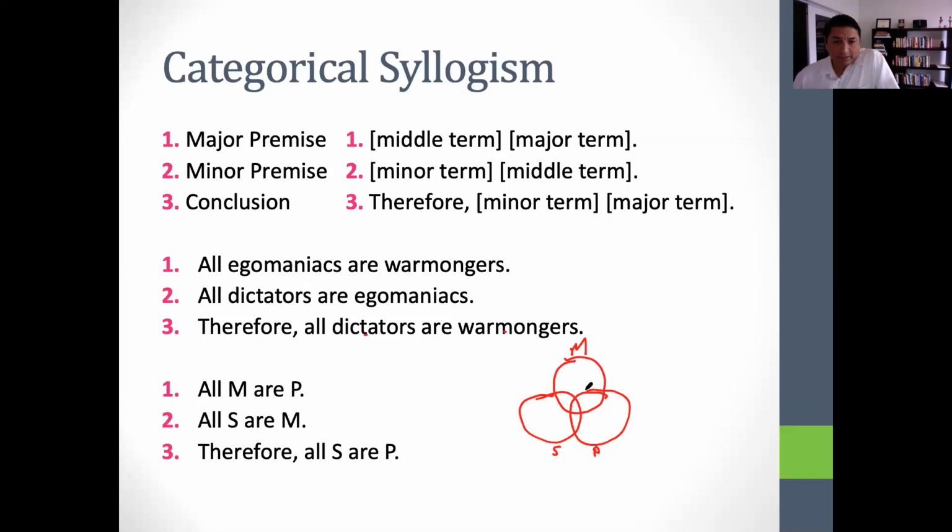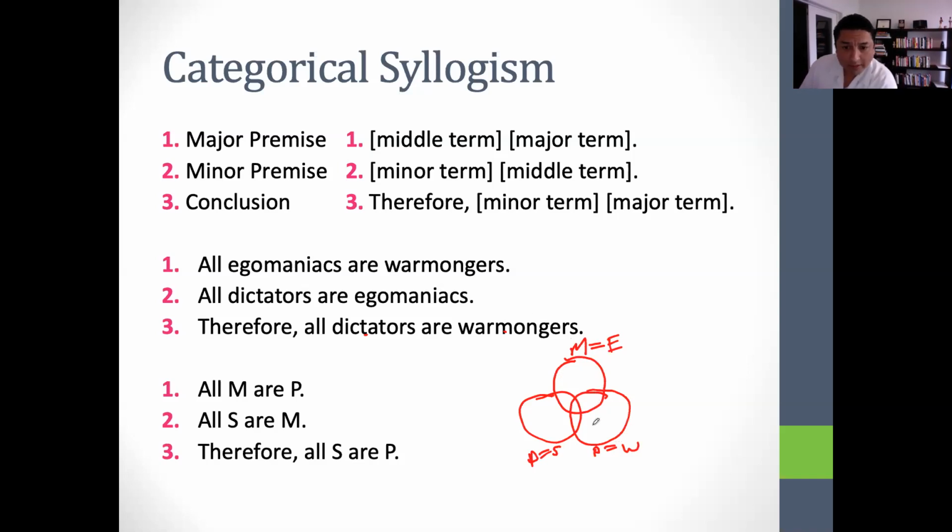So let's do that. We're going to take premise 1 here, which is all egomaniacs are warmongers. I'm going to make sure that we don't lose track here: egomaniacs, warmongers, and dictators. Now in the first premise, we're comparing two classes, egomaniacs and warmongers.